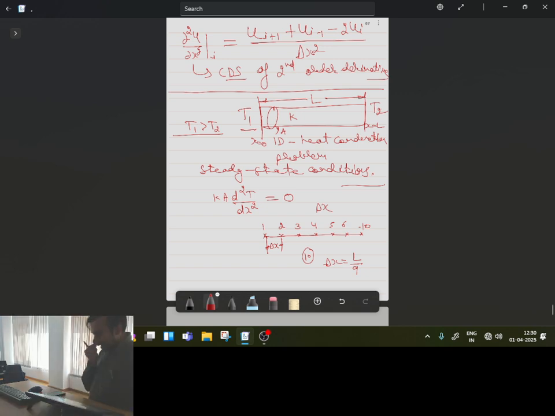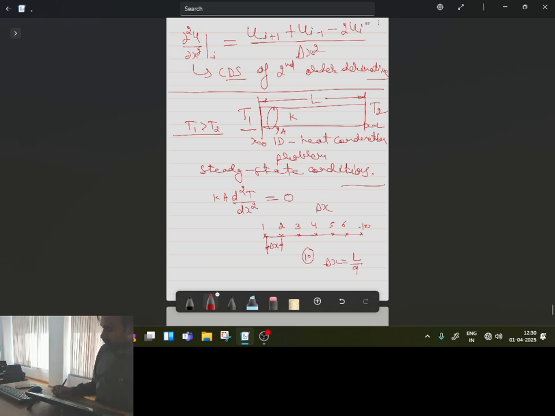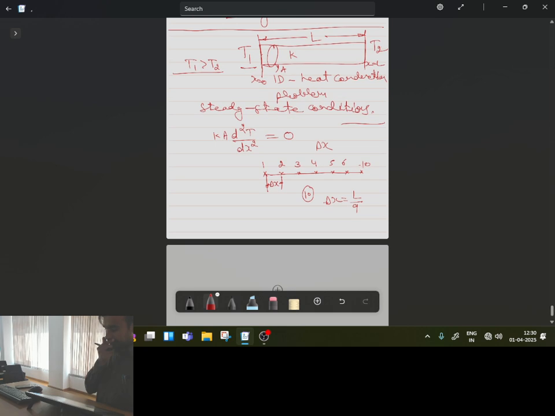So now please tell me how I can start. Yes. So what I need to do, first I need to write this equation in algebraic form. How can I write it in algebraic form?